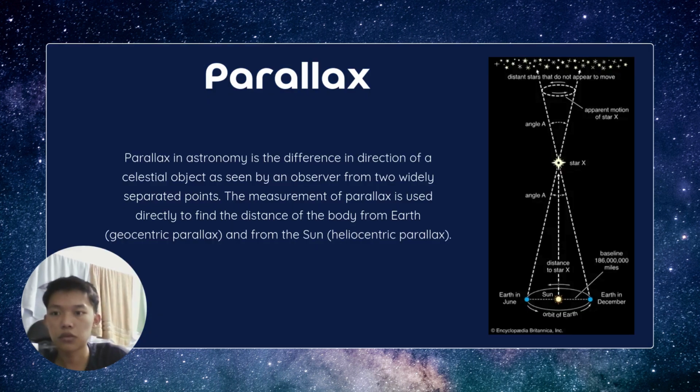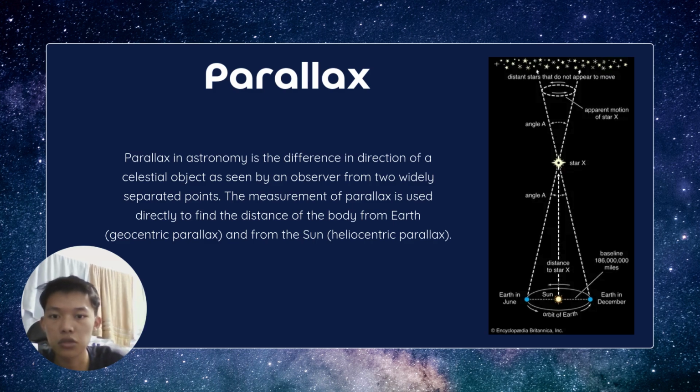Parallax in astronomy refers to the apparent shift in the position of a celestial object when observed from two different vantage points. This effect occurs because objects closer to the observer appear to shift more than those farther away.